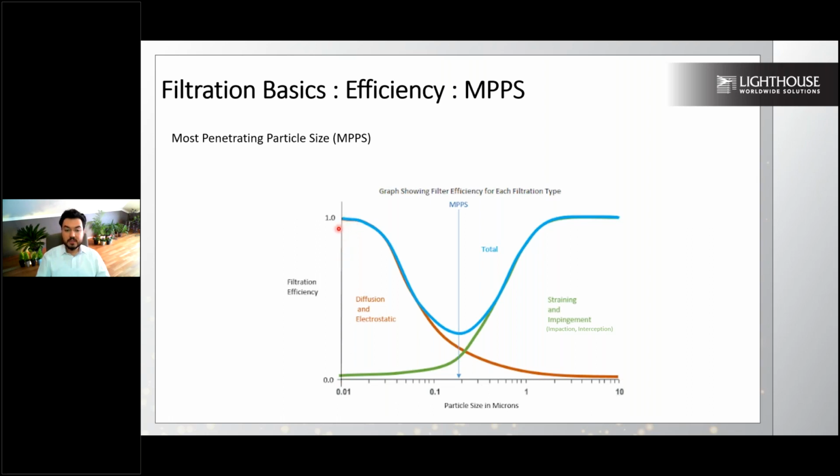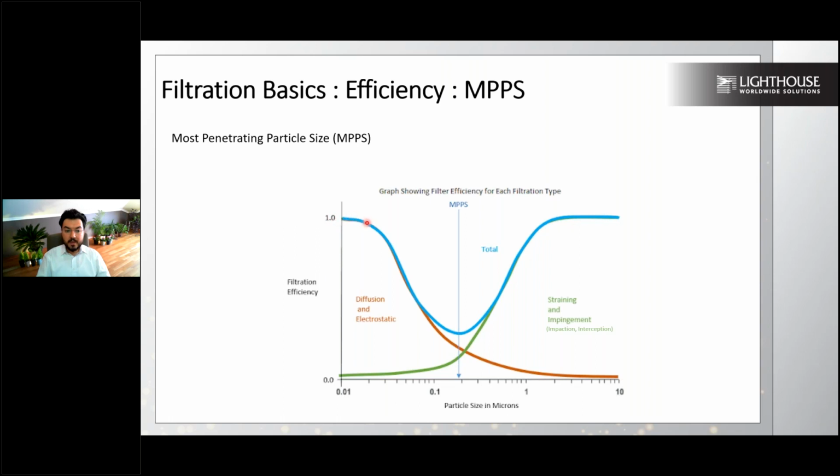But this diffusion and electrostatic force goes lower and lower as you reach particles of 1 micron and larger. The other mechanisms, impaction and interception, are not very good at small particle sizes. They go all the way up to 0.2, 0.3 micron, then they become more efficient.